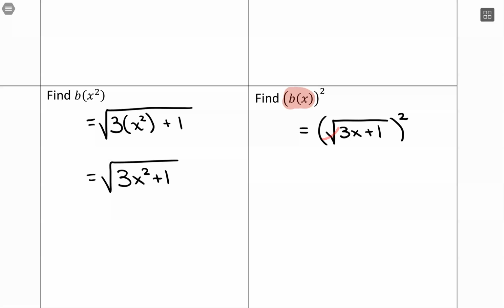Now, when you have a root and an exponent, and they're the same level, like this is a square root and that's a squared exponent, they cancel each other out. So what we'll have is just what's inside of the radical, so that'll simplify to just 3x plus 1. So that's the difference of having our square on the inside and affecting the input of the value versus the square on the outside affecting the output of our value.